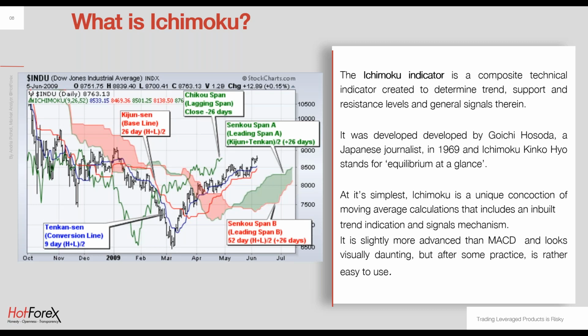The Ichimoku indicator is a technical indicator that defines support and resistance levels, but also catches and presents momentum. It is useful because it combines the momentum identification along with the support and resistance levels.